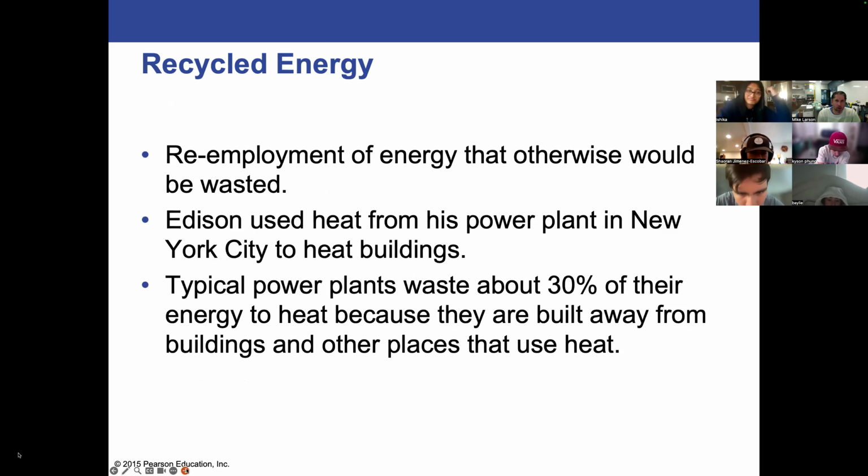All right, good job. Recycled energy. They're just going to write a little bit about this. Recycled energy is when you use energy that would otherwise be wasted. So, for example, there's a power plant in New York that creates electricity.